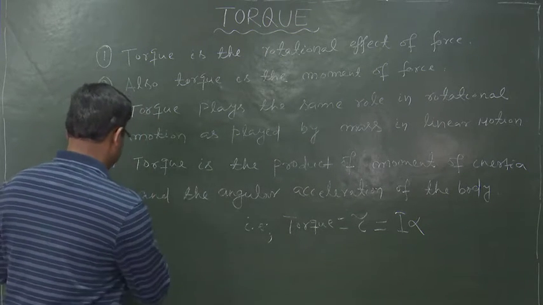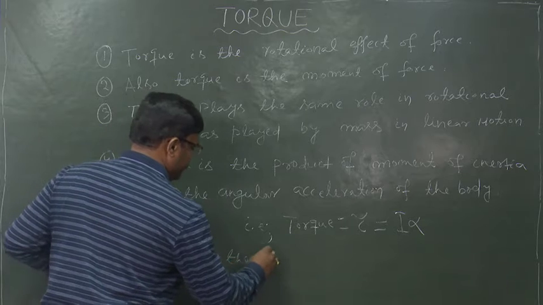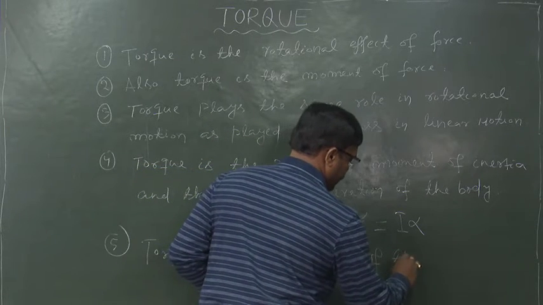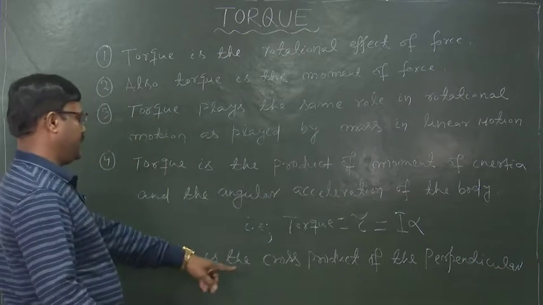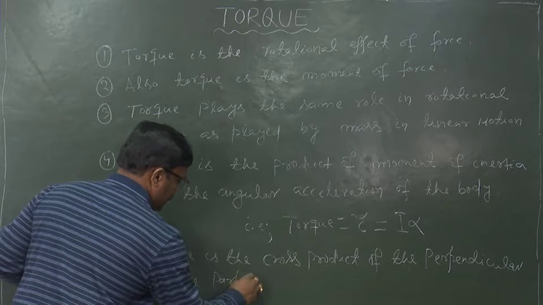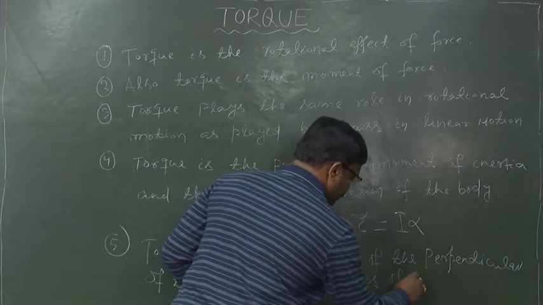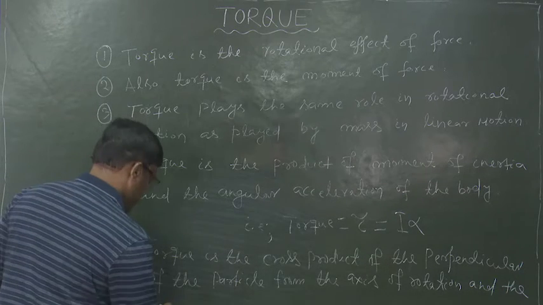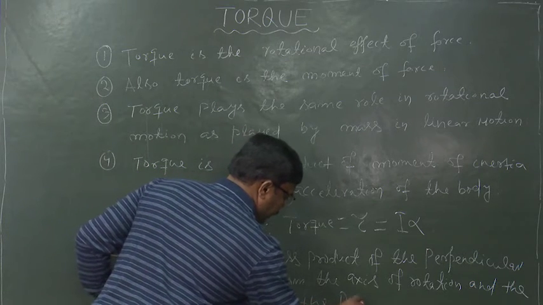Hence, we can further write as number 5, torque is the cross product of the perpendicular distance of the particle from the axis of rotation and the force acting on the particle.